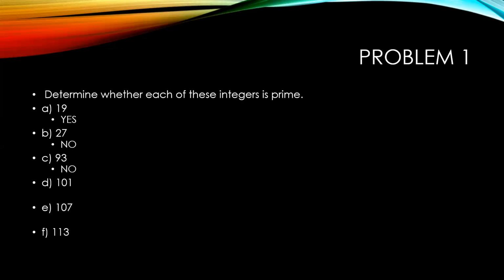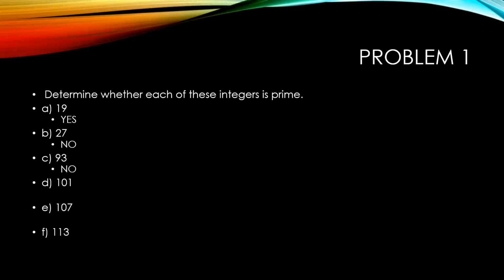How about 101? Let's get the square root of 101. The result is 10 point something. So from 1 to 10, we're going to divide 101 by 1, 2, 3, 5, 7. Divide 101 by 1.